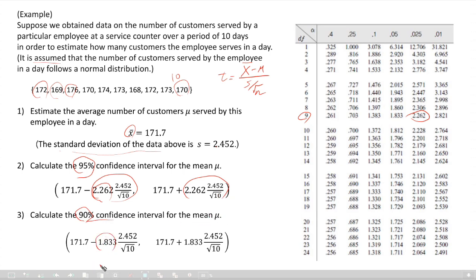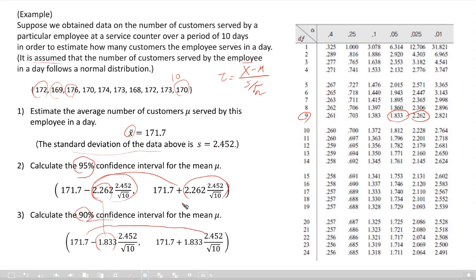For 90%, one side is 0.05, right? So 1.833 comes here. As a result, the width of this interval is shorter than the 95% confidence interval.